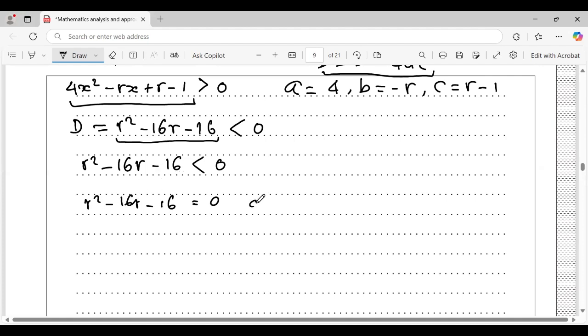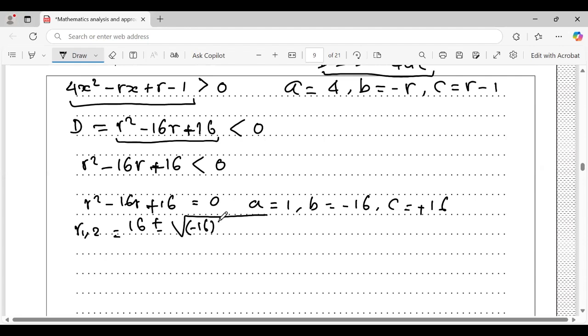Okay, so A equals 1, B equals minus 16, and C equals minus 16 as well. This is positive. Yeah. Right. So r1 and 2 equals 16 plus minus the square root of minus 16 squared minus 4 times 1 times minus 16, divided by 2 times 1.